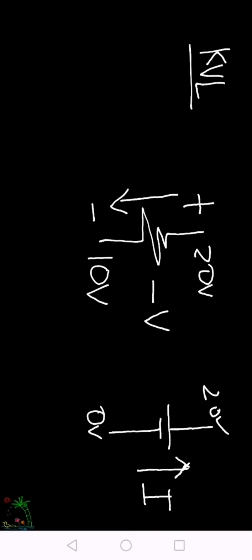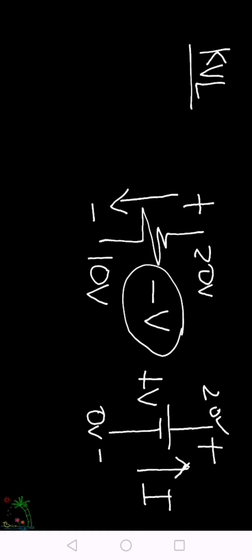Whenever the current is flowing from low potential to high potential, so this is negative to positive, that means that the energy of the charges is increasing. So this is going to create a positive voltage, because the battery is transferring energy to the charges. And so it increases the voltage of the charges, but the resistor will decrease the voltage of the charges.